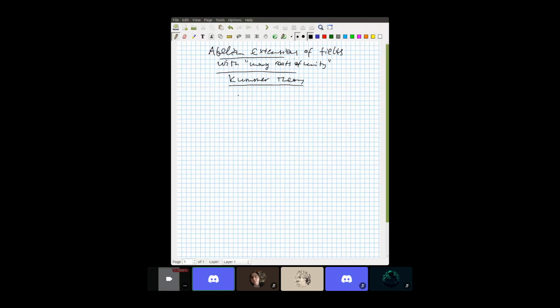Okay, so the setting is as follows. As usual, we can start from a sufficiently big field, or we can start with a smaller field.